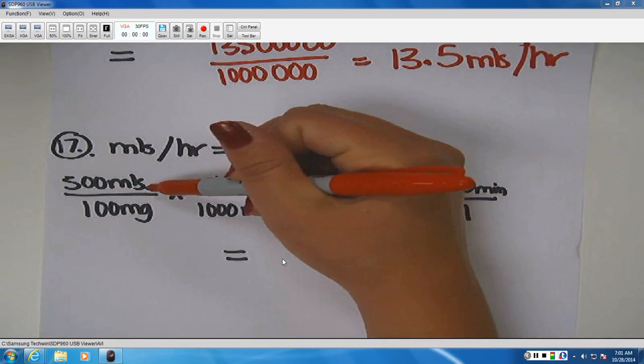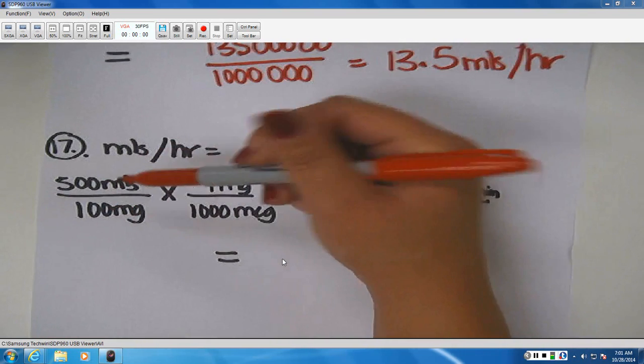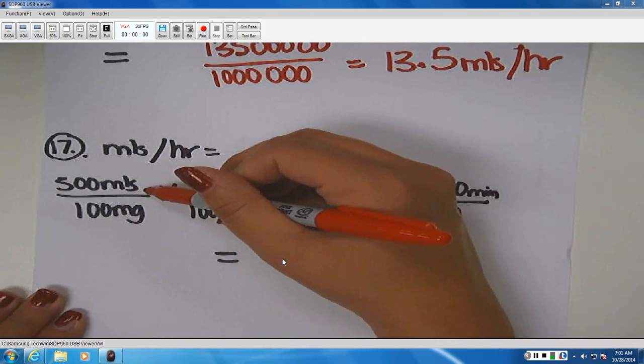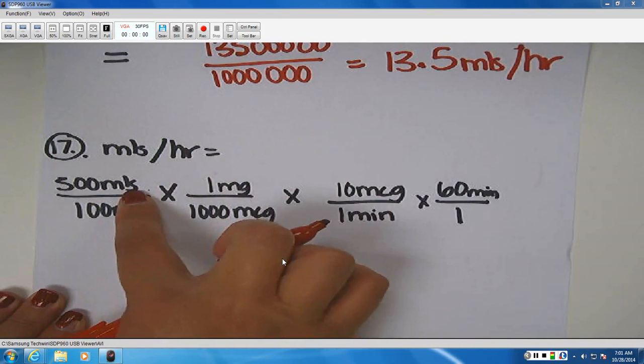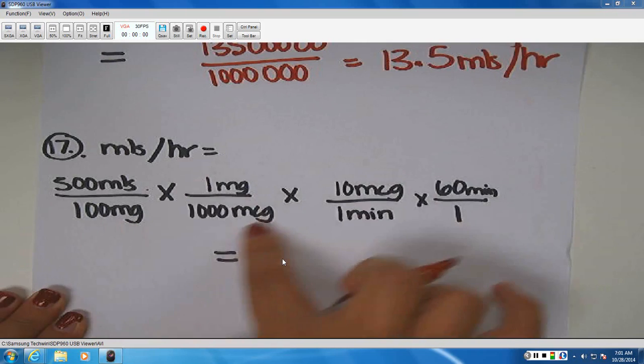Our dose that we have on hand is a concentration of 100 milligrams of nitroglycerin in a 500 ml bag. So we got 500 mLs with 100 milligrams of medicine in it. Again, the physician ordered this in micrograms, and we have milligrams on hand. So here's our quick conversion.